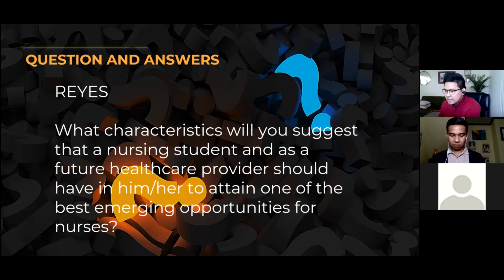I believe the Heart Center in Quezon City has a program for this. I'm not sure, but I heard from my friends that they do. But you cannot be a nurse practitioner per se in the Philippines, because the Philippines doesn't have any licensure examination for nurse practitioners.